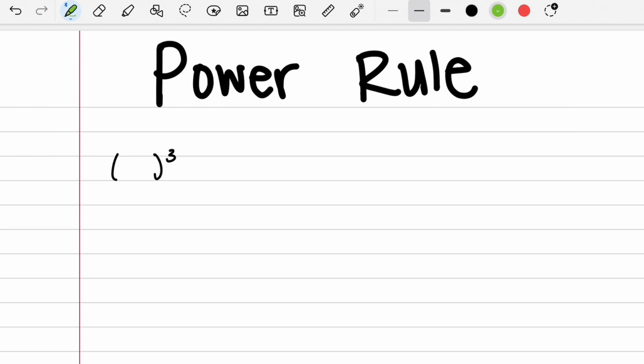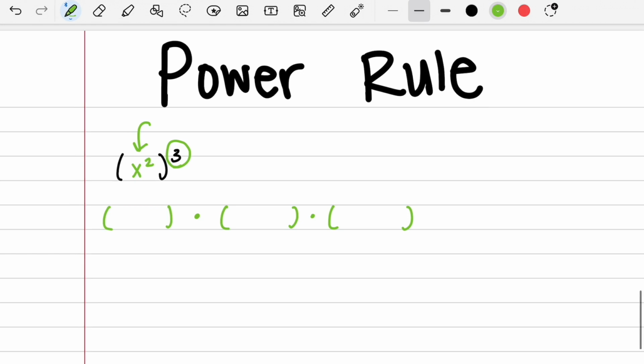What we do know is that whatever is inside here is being multiplied by itself 3 times. So it'd be this times itself again times itself again. If we put back what was originally here, the x squared, we know that x squared is being multiplied by itself 3 times.